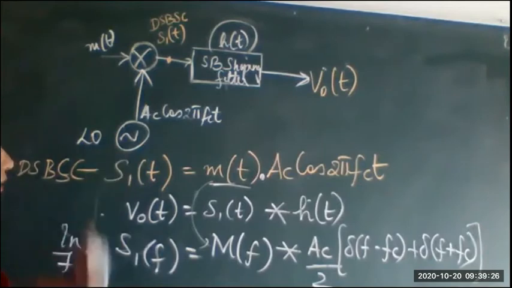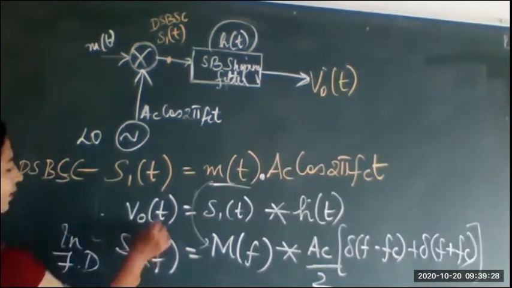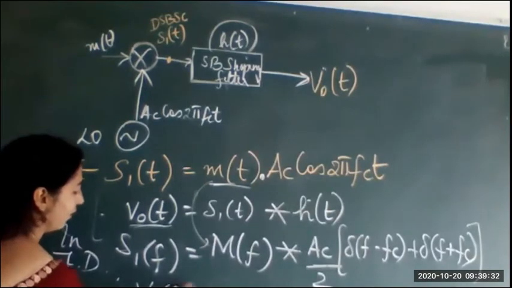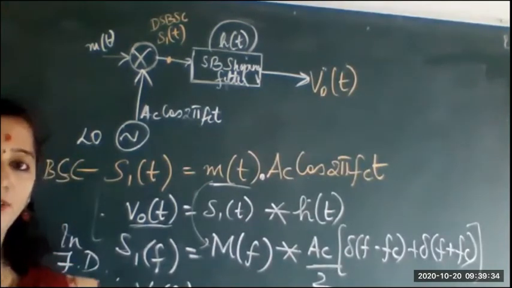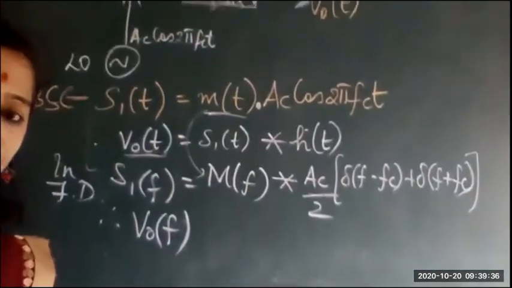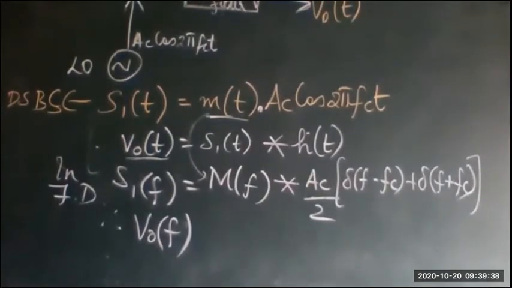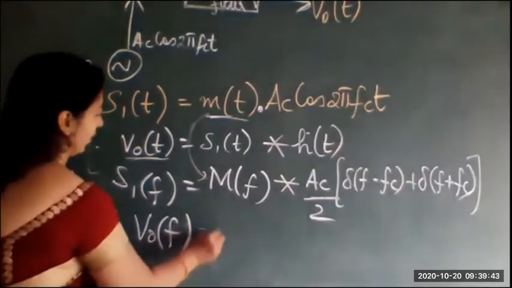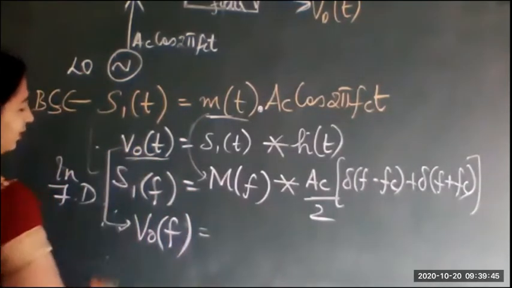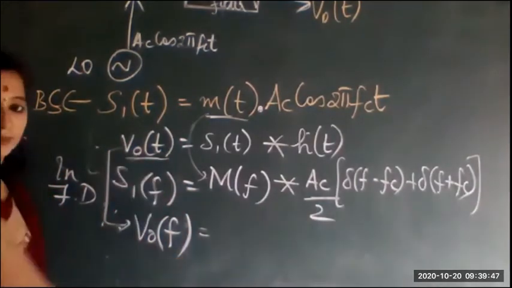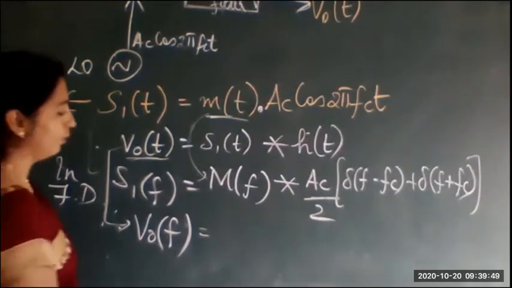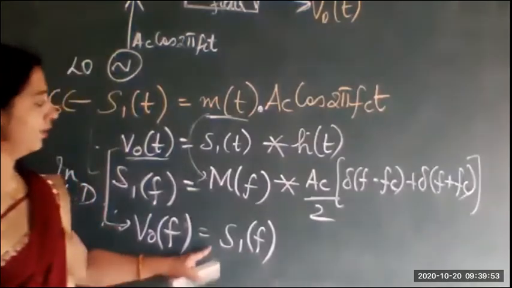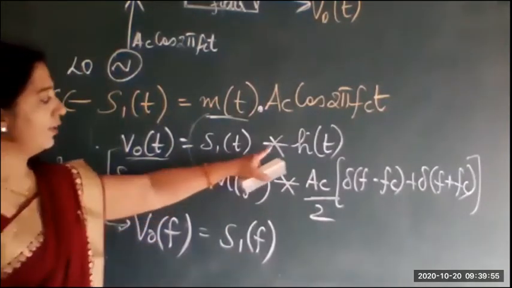So this is S1 of f, and therefore, what would be V0 of f? V0 of t becomes V0 of f in frequency domain. It would be S1 of f into H of f.